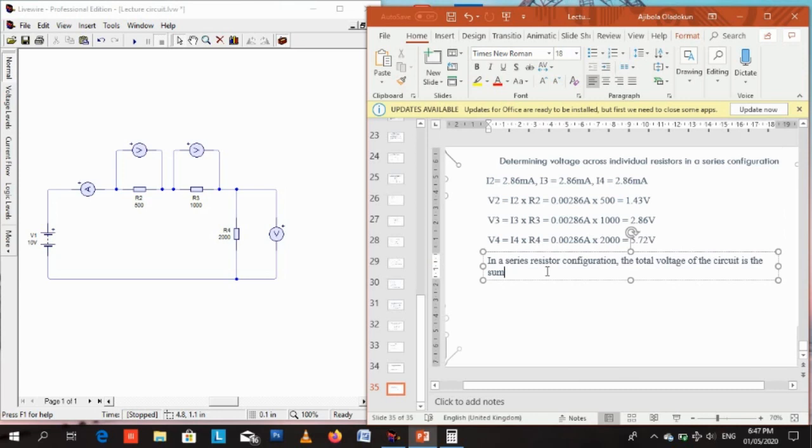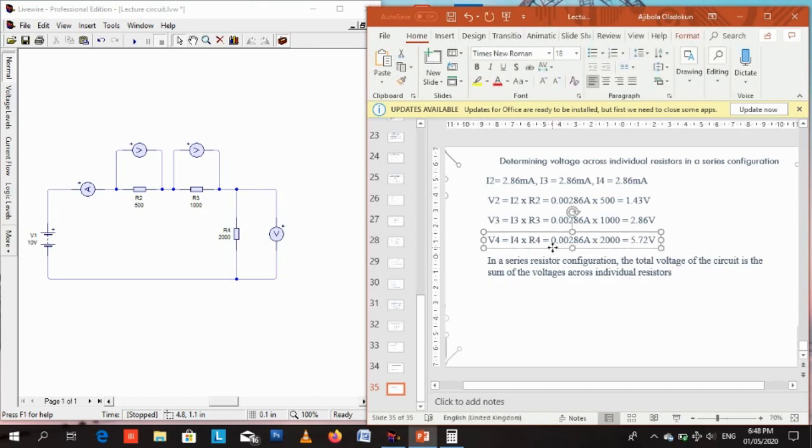But for series, the current is the same, and the total voltage is the sum of the individual voltages. So to get the total voltage of this circuit, I'll have to add the individual voltages V2, V3, and V4.